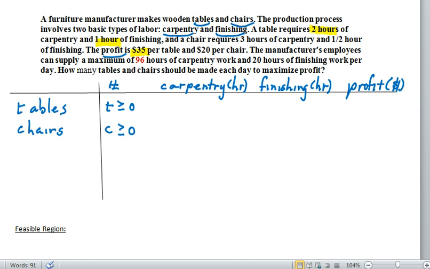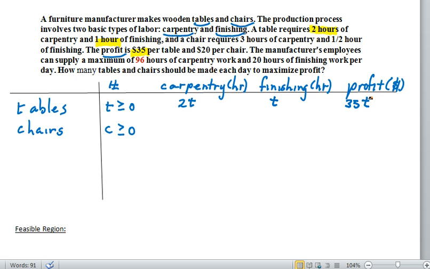So when we are making T tables, it will be 2T hours carpentry, 1T hour finishing for a profit of $35T.